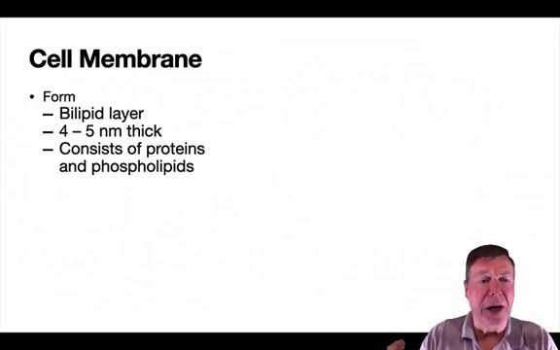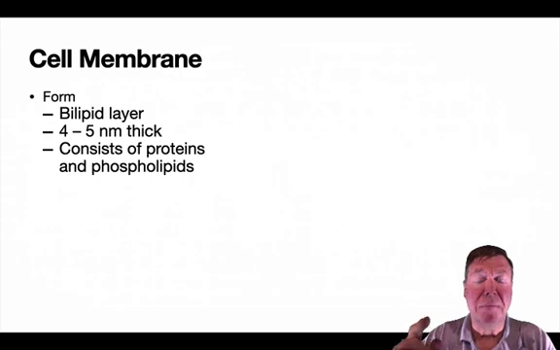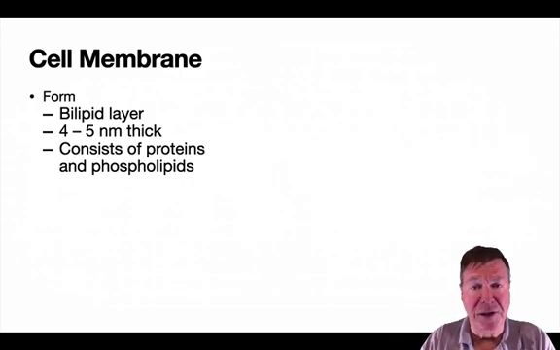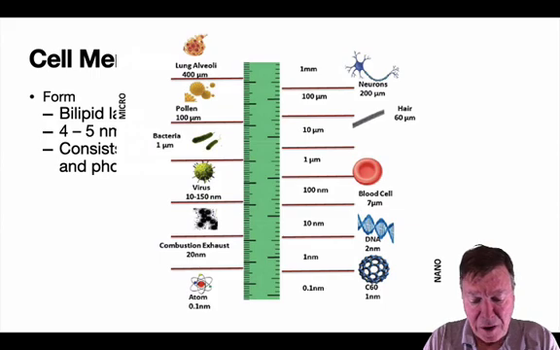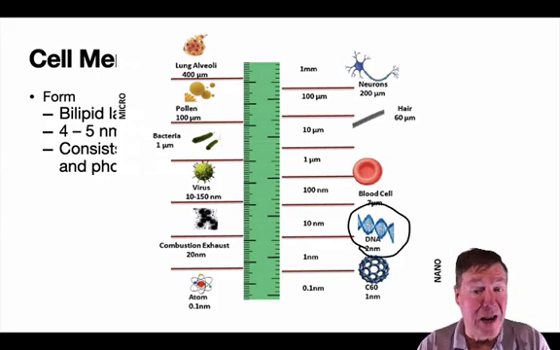The form is a bilipid layer, and I'm going to explain that in much more detail in a few minutes. But it's about 4 to 5 nanometers thick. And I know you're probably like, what the heck's a nanometer? Well, this shows you kind of what a nanometer is. DNA, you can see down here, is about 10 nanometers thick.